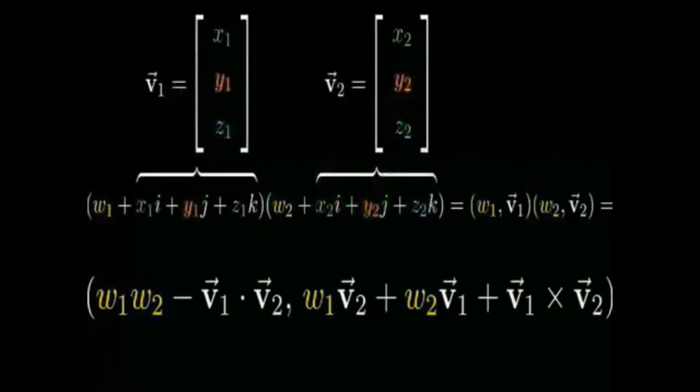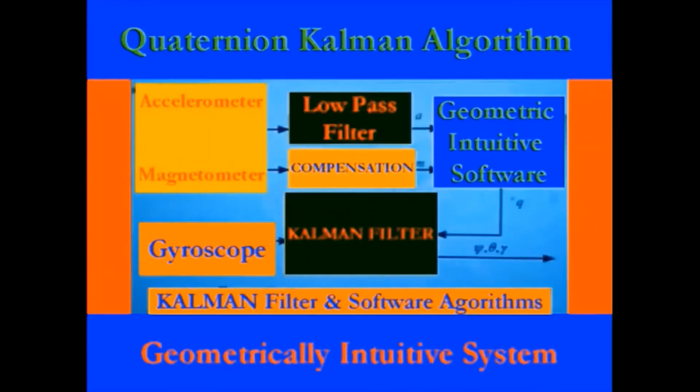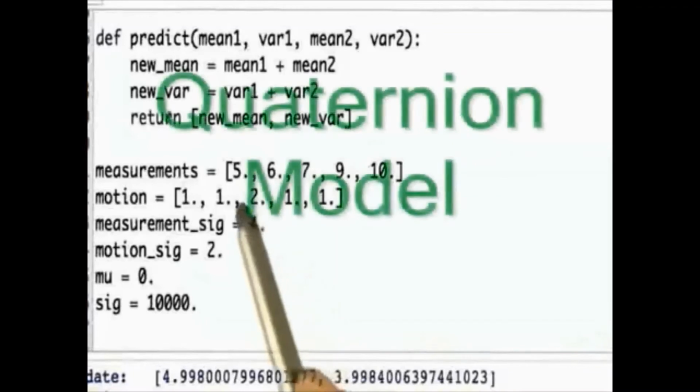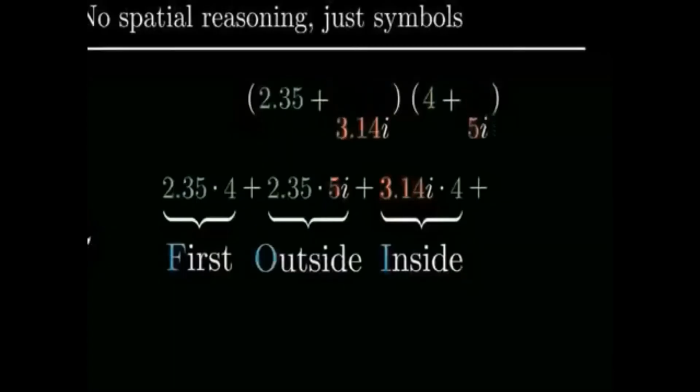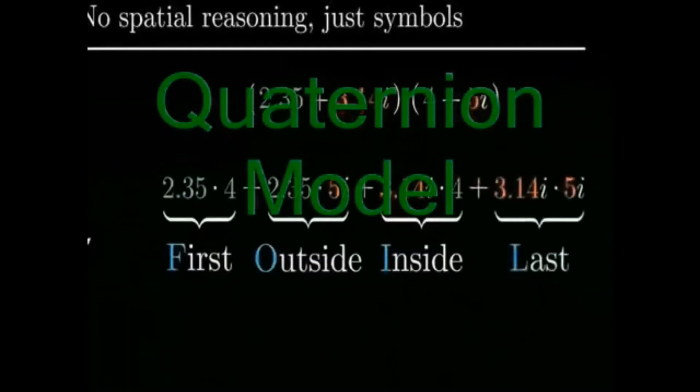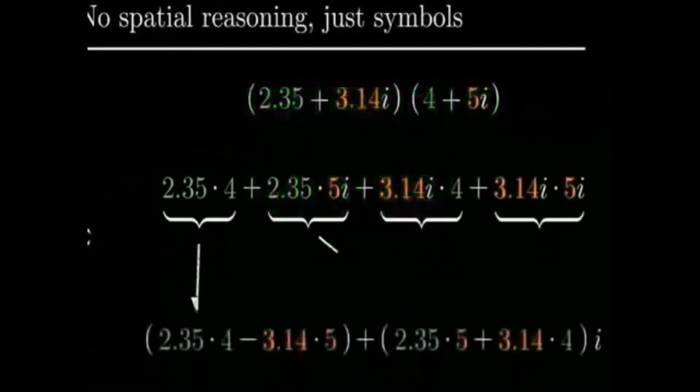Meanwhile, the software algorithm produces a Quaternion input for the Kalman filter to reduce linearization error of measurement equations.